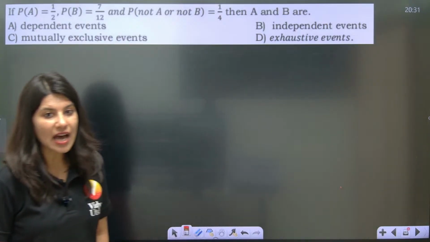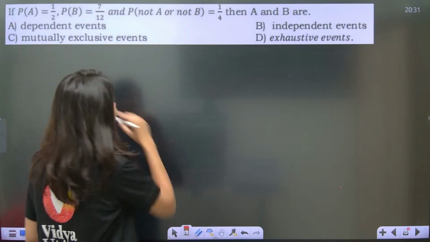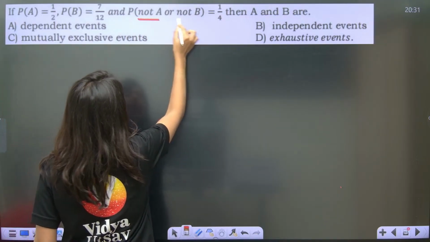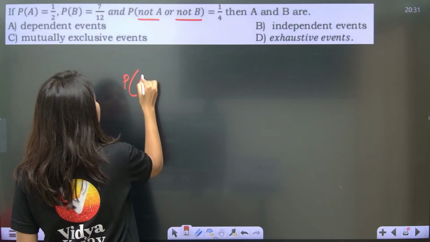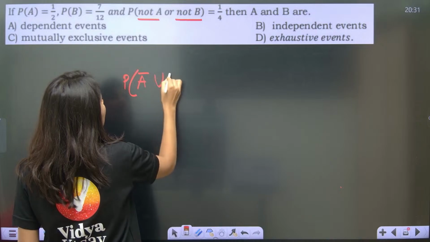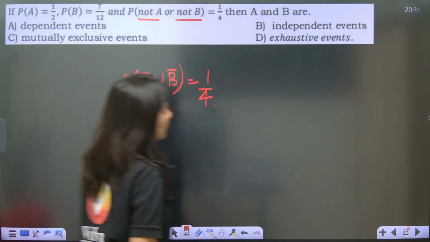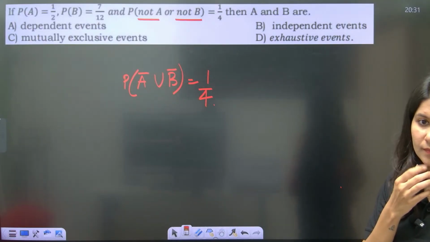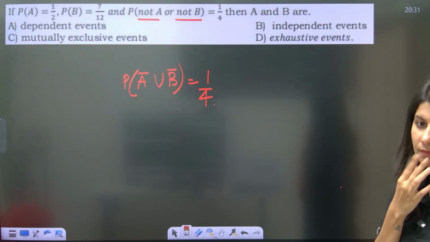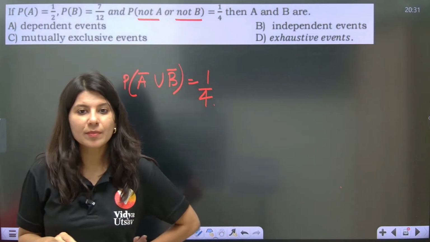Probability of A is half and B is 7 by 12. Now we are looking for probability of not A or not B. So probability of A bar union B bar is 1 by 4.